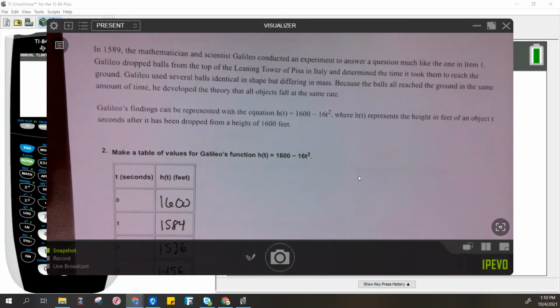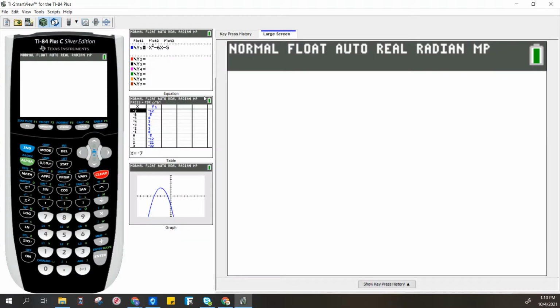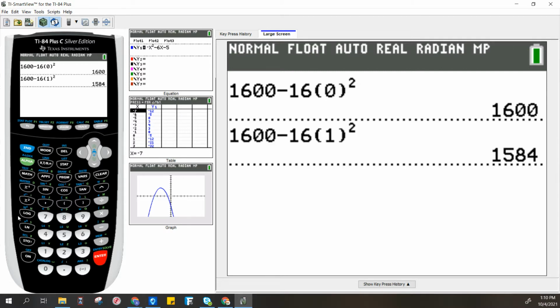Now, I have some of the values already in there, and for some of the classes we started going through how we got them. In your calculator, I would have been typing in 1,600 minus 16 times, and then plugging in each of those values. 0 squared is the first one. That's how I got 1,600. Then I do 1,600 minus 16, parentheses 1 squared. I hit enter and I get 1,584.